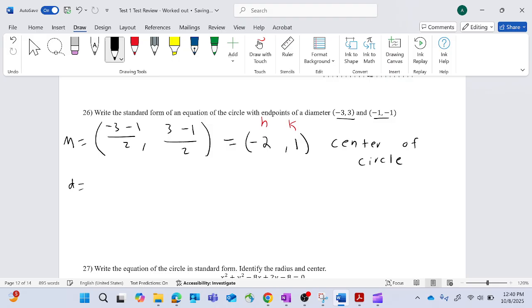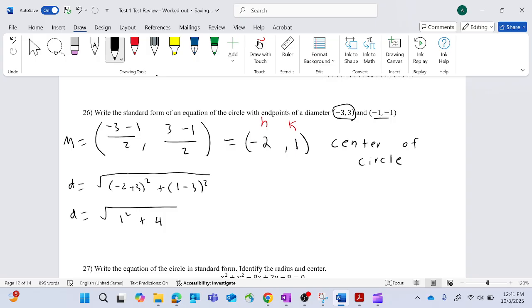So the distance I'm going to use is the square root of -2 minus -3, so +3 squared. So I'm using -3 as my other point. And then 1 minus 3, well, plus 1 minus 3 squared. So distance is the square root. -2 plus 3 is 1 squared. 1 minus 3 is -2. -2 squared is 4.